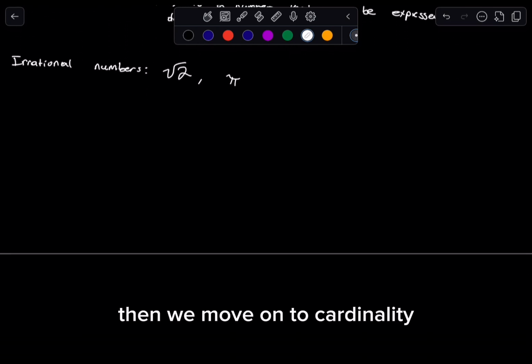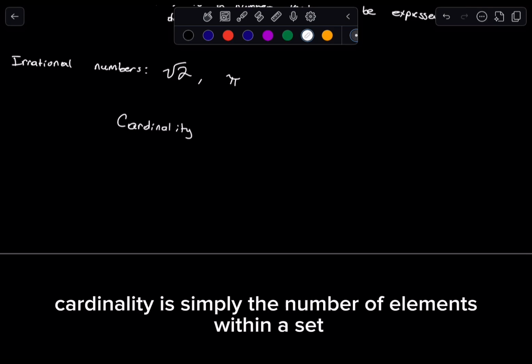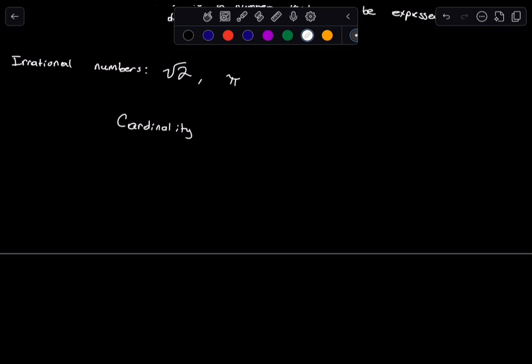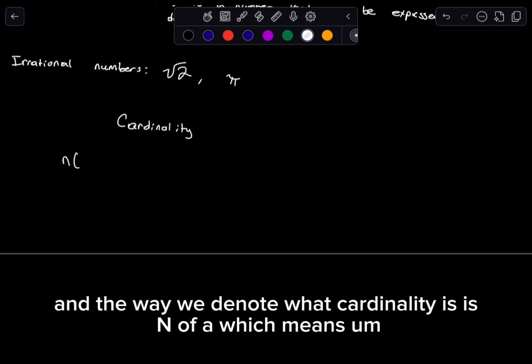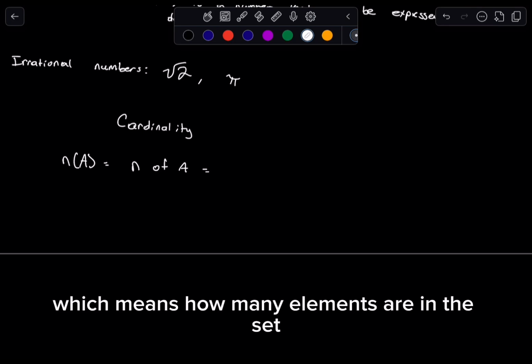Then we move on to cardinality. Cardinality is simply the number of elements within a set. And the way we denote cardinality is n of A, which means how many elements are in the set.